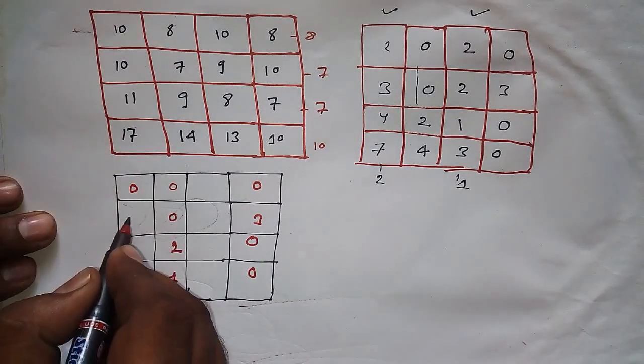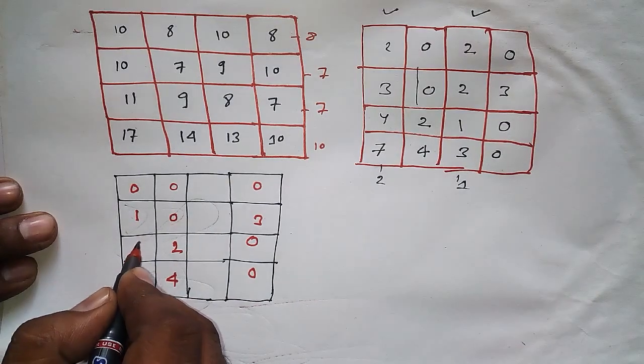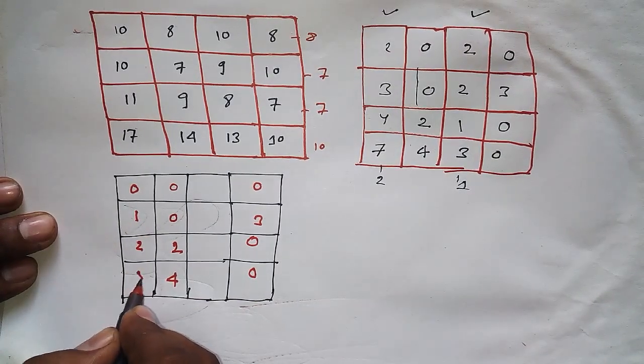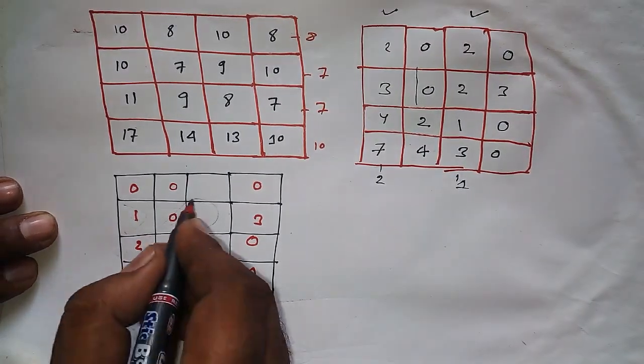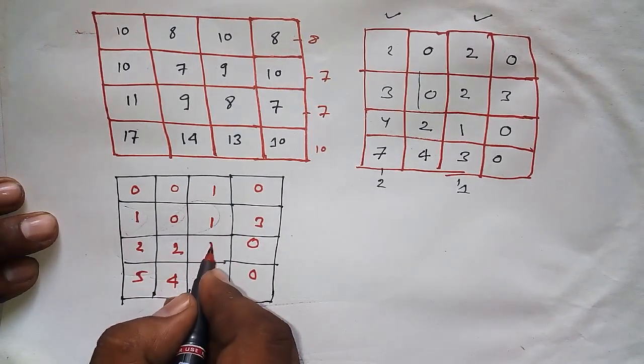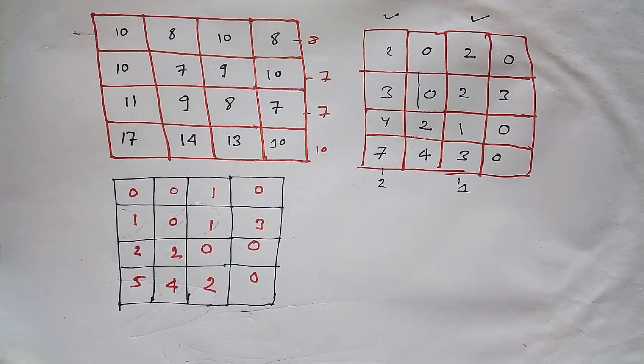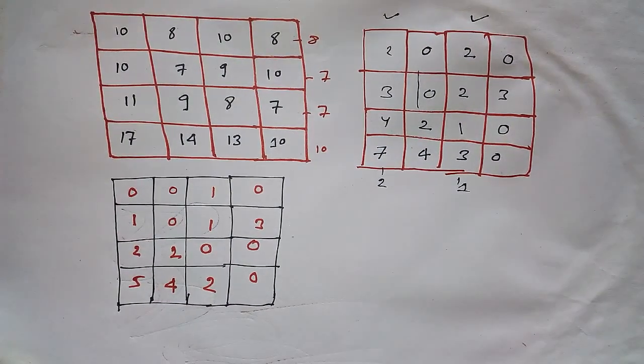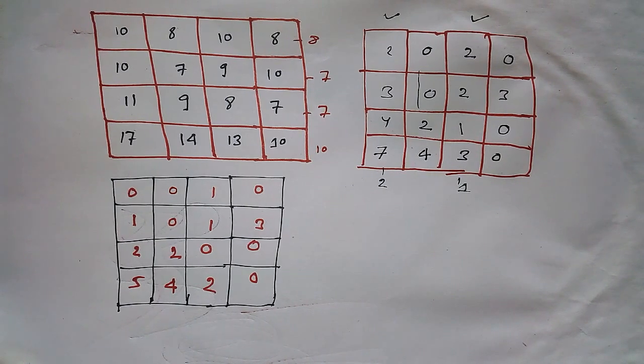So this will become 0, this 1, then 2 and then 5. Now again in this column 1 1 0 and 2. See, right now each and every row and each and every column has at least one 0.